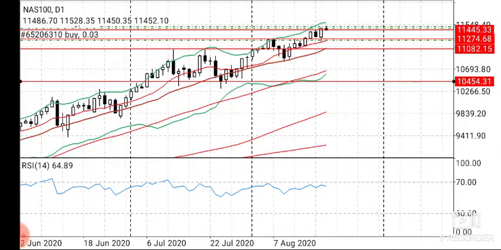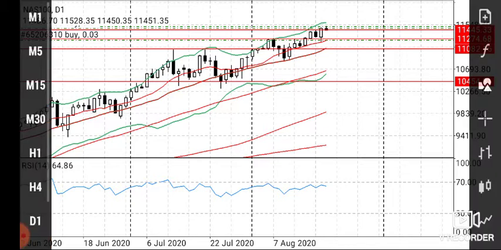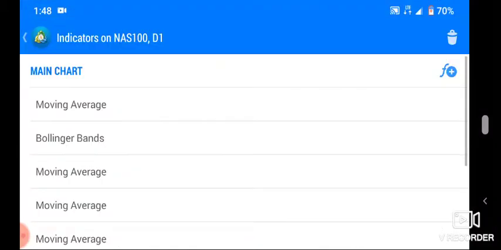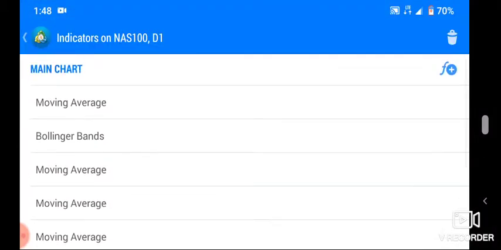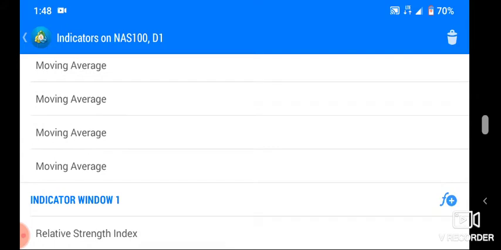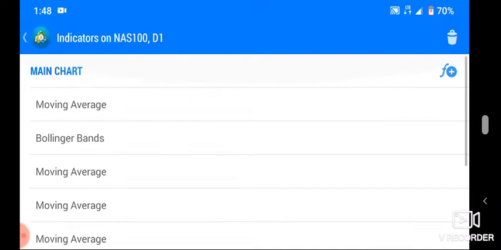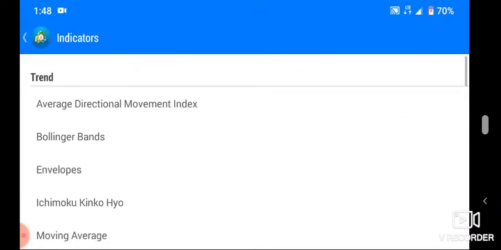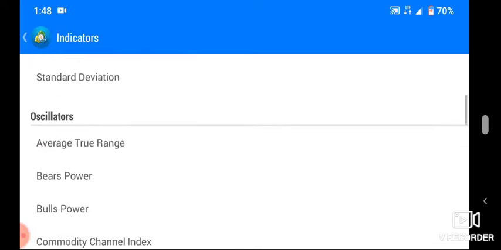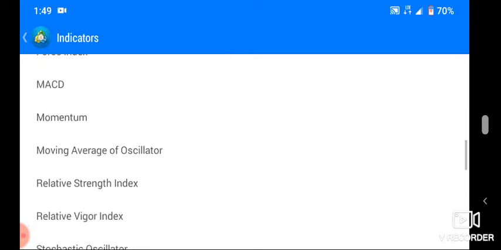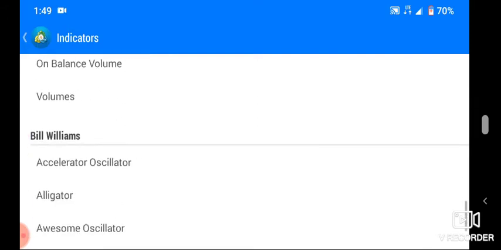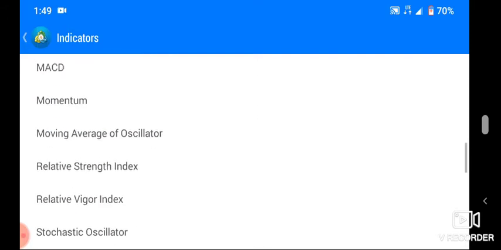To configure these moving averages, you have to go to indicators. These are the moving average and Bollinger Bands that I was using. You have to go to moving average.